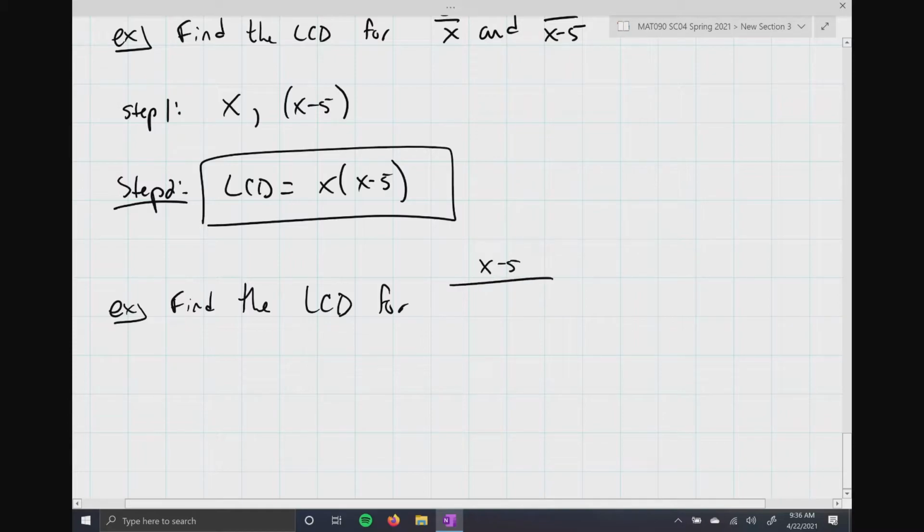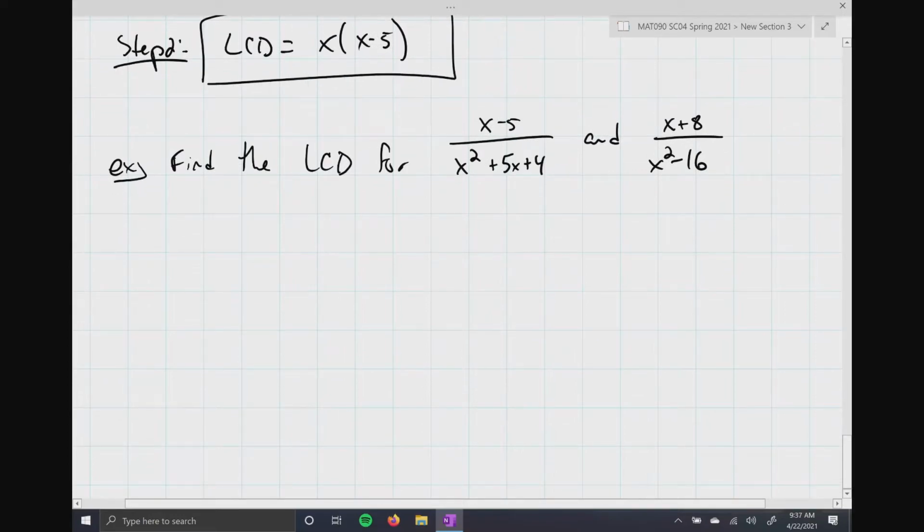So now we're going to find the LCD of x minus 5 over x squared plus 5x plus 4 and x plus 8 over x squared minus 16. Okay? Here, we're going to have to do some work. Step 1, we need to completely factor.